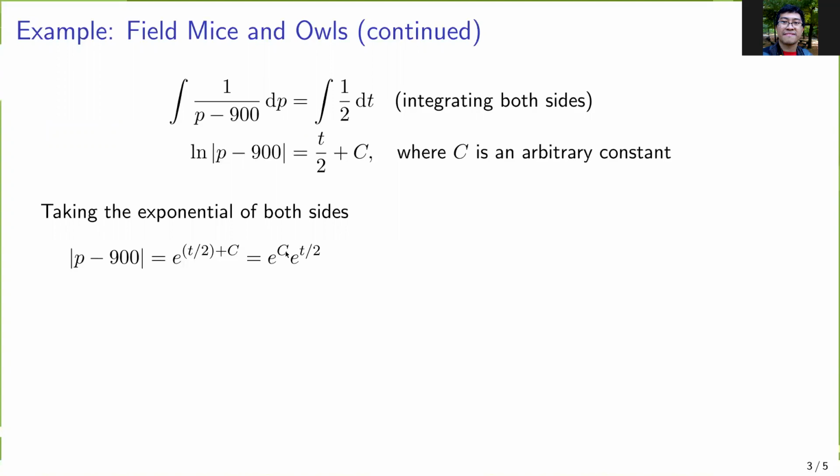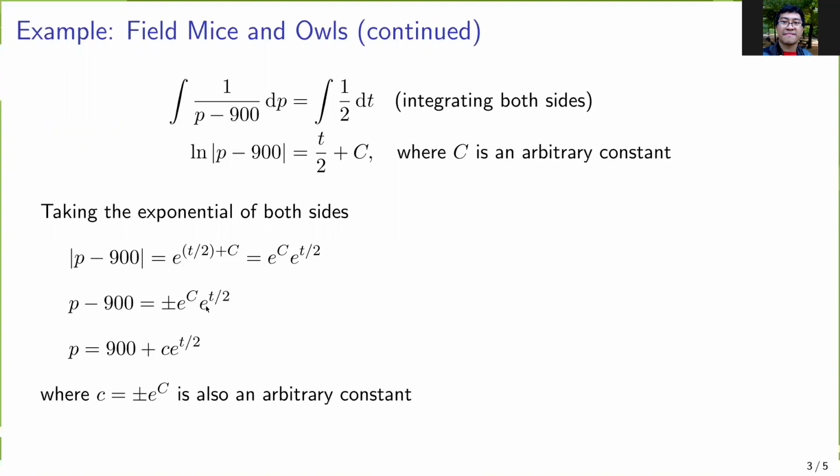Okay, we can write e to the power of c times e to the power of t over 2. Removing the absolute value, this becomes p minus 900 equals plus or minus e^c times e^(t/2). And finally, we can write p as 900 plus c e to the power of t over 2, where small letter c is plus or minus e to the power of c. This is an arbitrary constant.